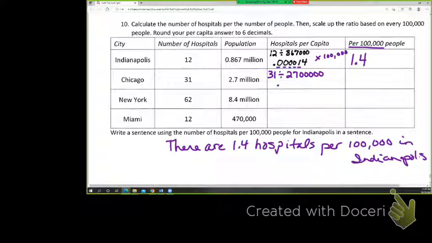Four zeros again. 11. Which means we've got 1.1, right?